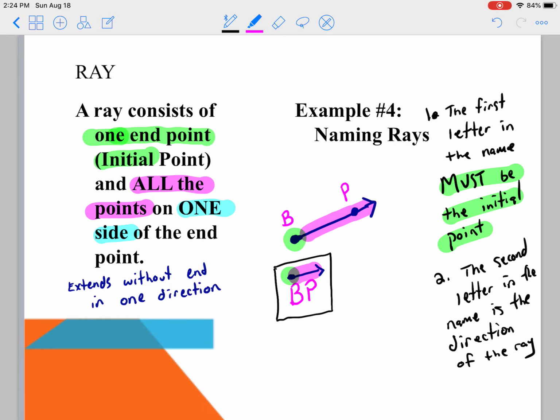I know that my initial point is called B and it moves in the direction of point P.